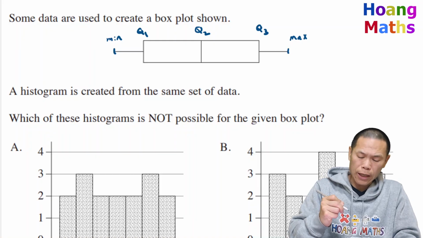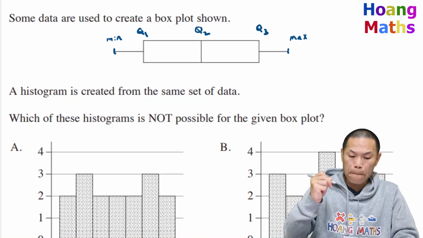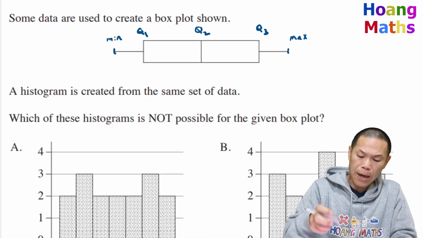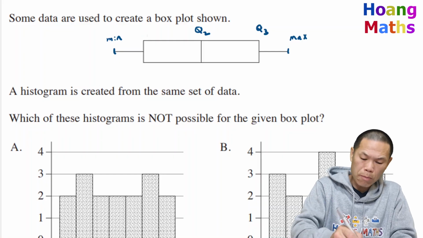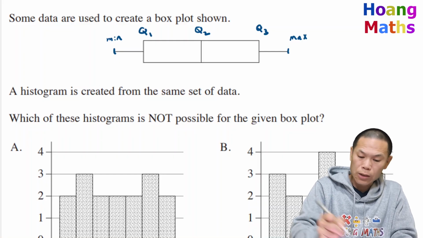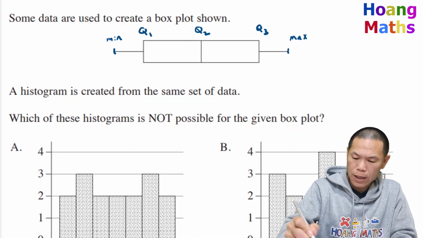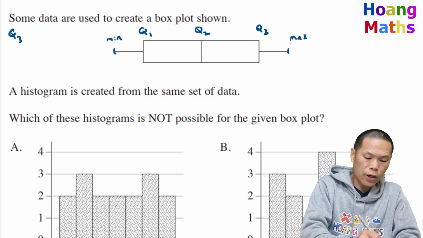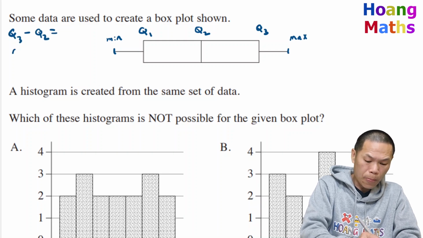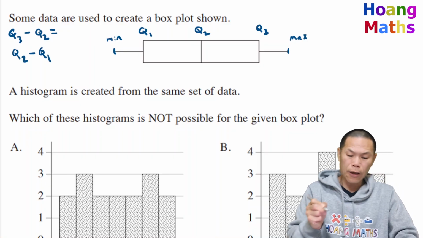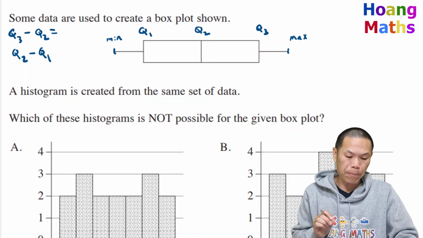Okay, and we know that Q3 minus Q2 is same as Q2 minus Q1. So let me just write this down. Okay, so Q3 minus Q2 is equal to Q2 minus Q1, because the gaps are the same.